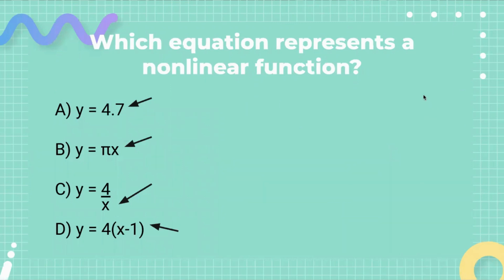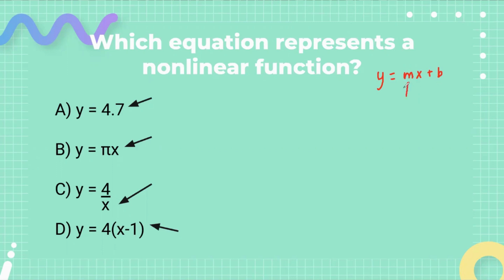Now you might be given a few equations and be asked to tell whether it represents a linear or nonlinear equation. In the case of this problem, we're given 4 different equations and we're being asked to tell which one represents a nonlinear function. So if you recall, linear functions are usually expressed in the slope-intercept form, which is y equals mx plus b.